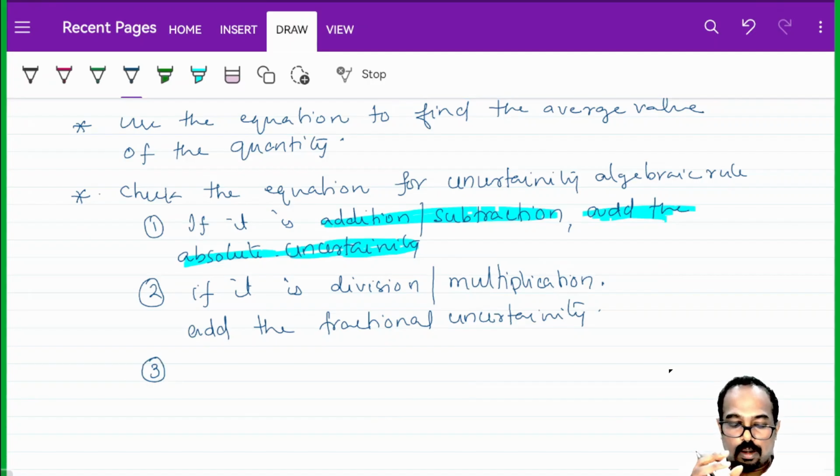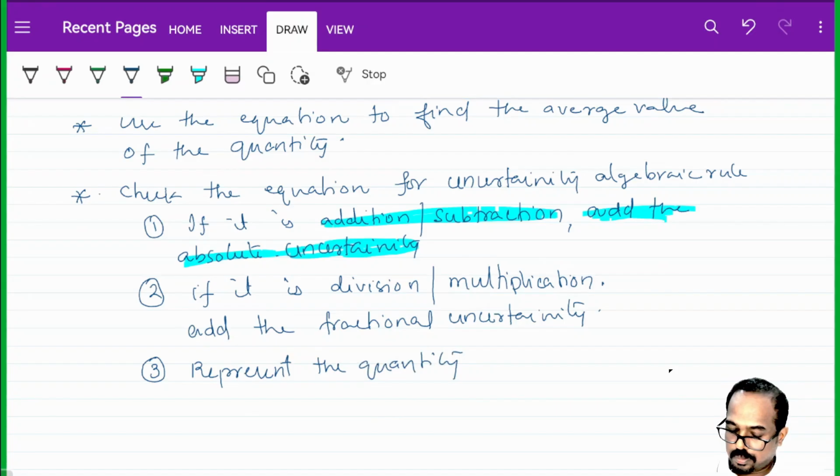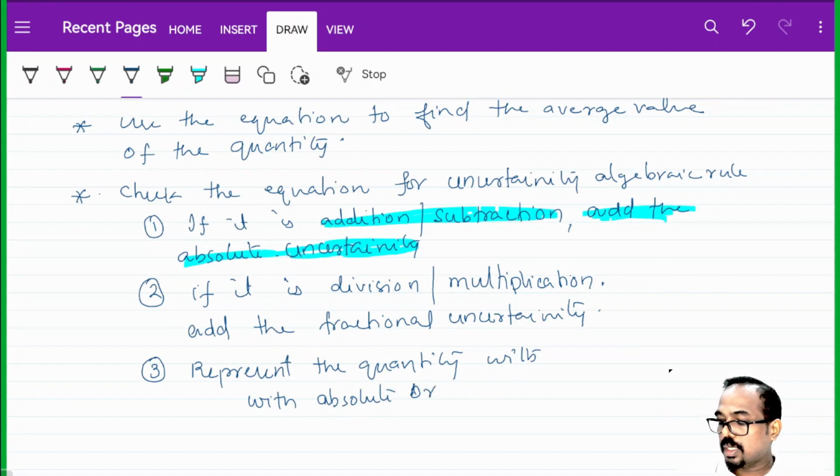You will represent that quantity with the absolute or fractional or percentage uncertainty. So represent the quantity with absolute or percentage uncertainty.